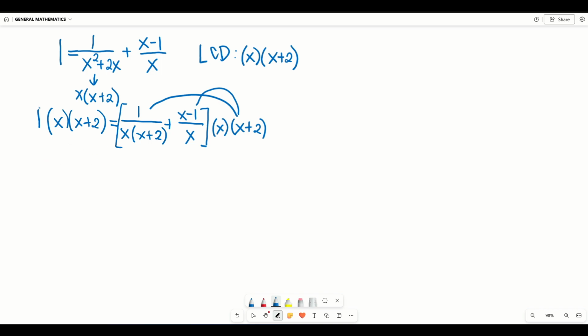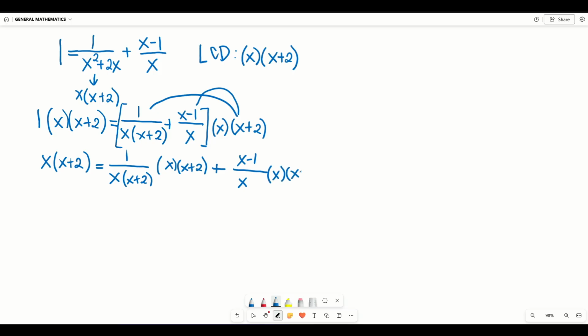So we will have, copy ko lang tong sa kabila, x times x plus 2 is equal to 1 over x times x plus 2 times x plus 2 plus x minus 1 over x times x plus 2.